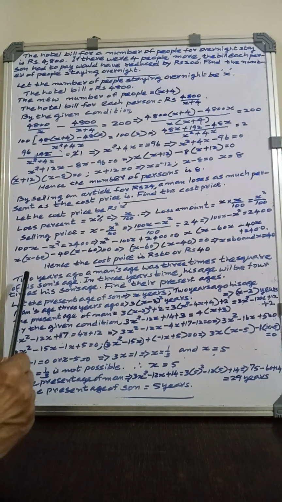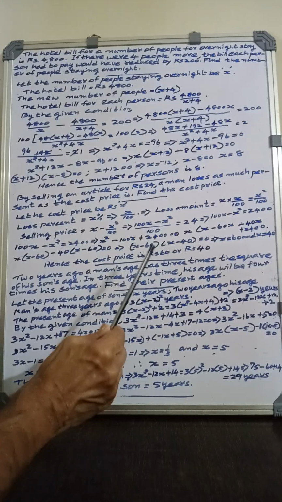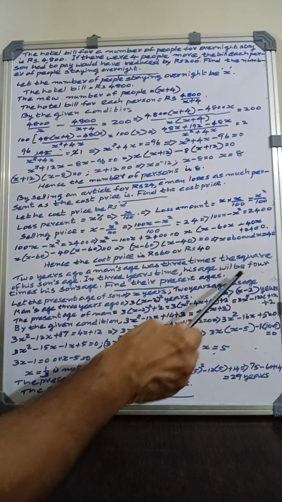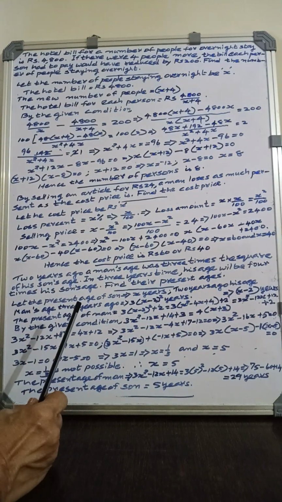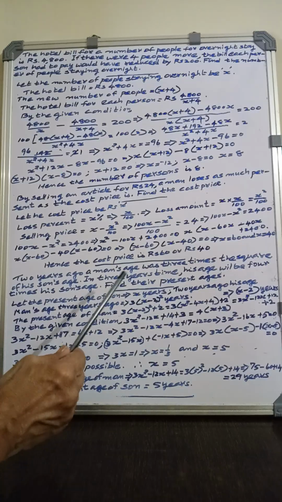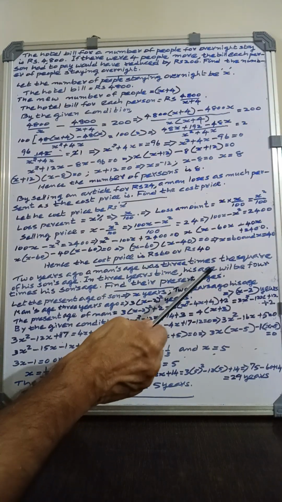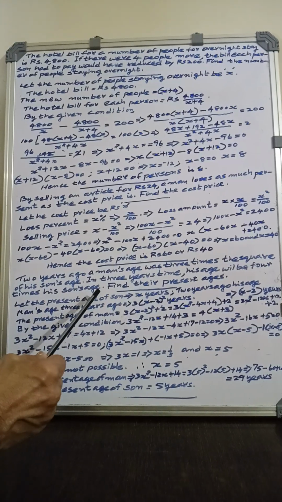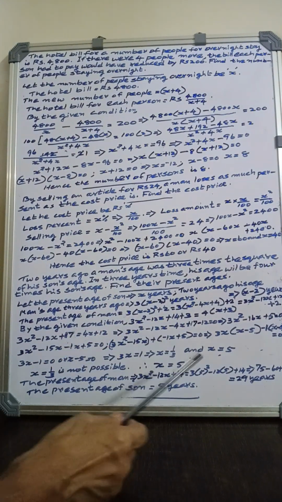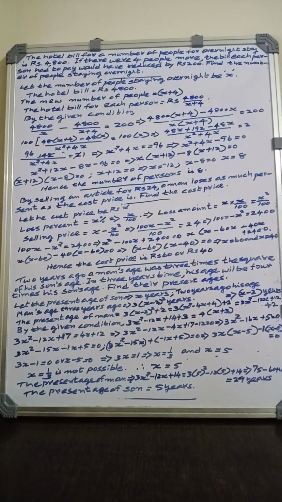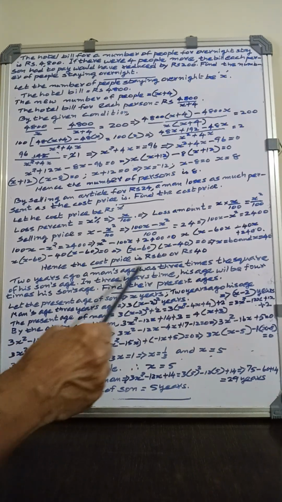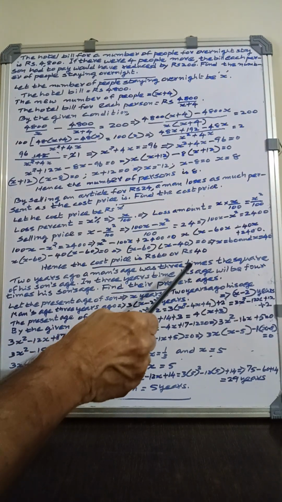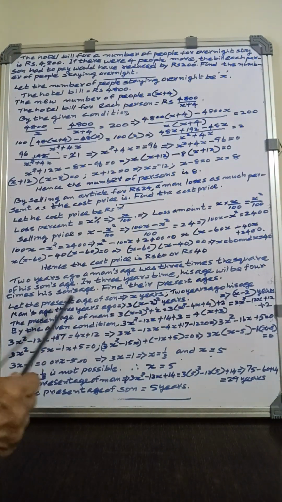Next question. 2 years ago, a man's age was 3 times the square of his son's age. In 3 years' time, his age will be 4 times his son's age. Find their ages.